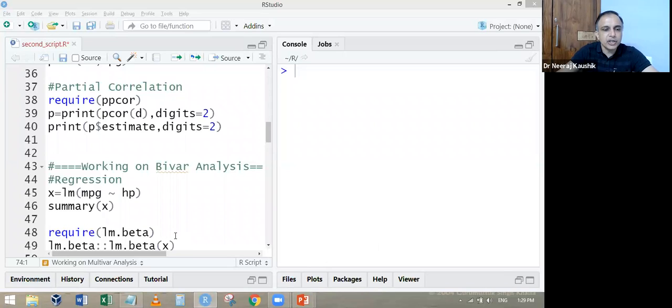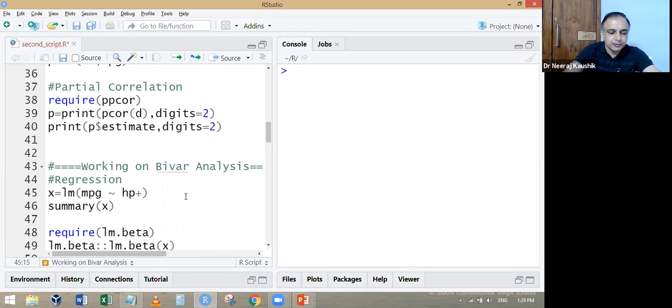Like the case I am discussing: MPG is metric, HP metric, weight metric, DISP metric. I have not taken any non-metric. But if I say HP plus cylinder, remember cylinder is non-metric. Now this should not be the LM, rather this should be a case of AOV. It becomes a case of analysis of variance. Exactly this much. We'll discuss analysis of variance in the second half.